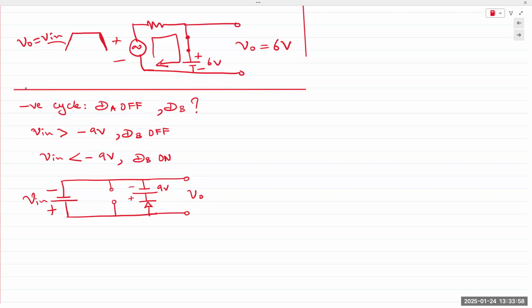Okay. So when Vin crosses the threshold of 9 volts, diode DB turns on, its forward bias. It turns on, it becomes a short circuit, and the output simply looks like this. Short. This is 9 volts. So Vout is equal to 9 volts. Or technically -9 volts, because Vout is taken with this polarity.